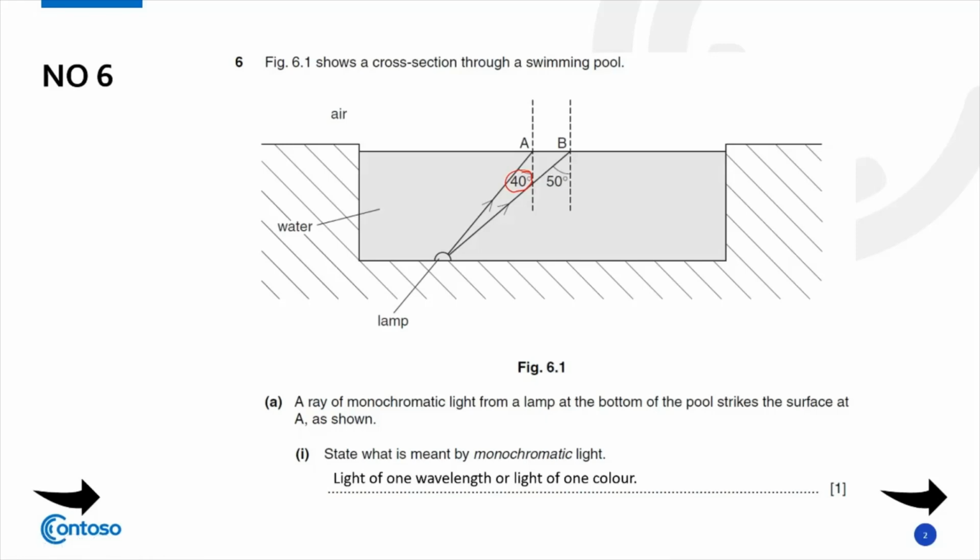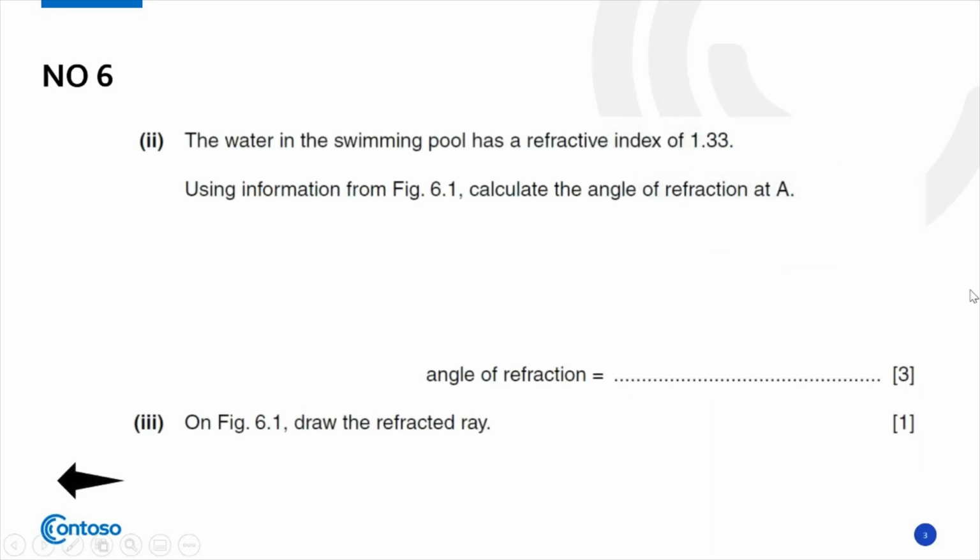Question 6a, double I. The water in the swimming pool has a refractive index of 1.33.